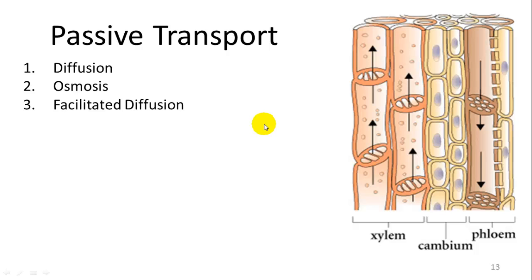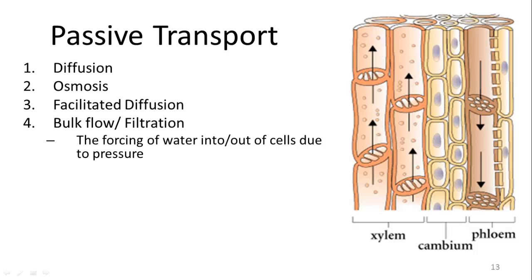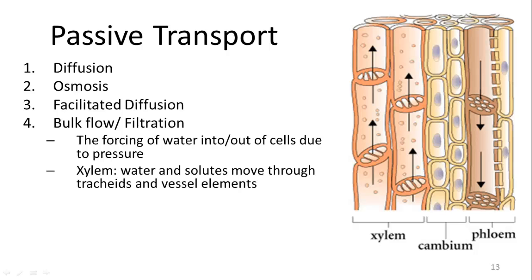Okay, so passive transport, as you remember, is a function of diffusion, osmosis, facilitated diffusion, and bulk flow, also known as filtration. Bulk flow occurs through the forcing of water into and out of cells due to the pressures we just talked about, through xylem, which carries water and solutes through the cell types tracheids and vessel elements.